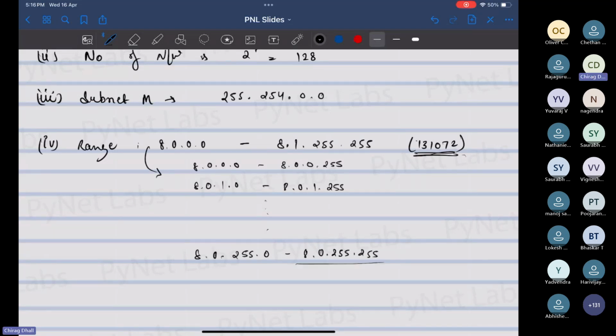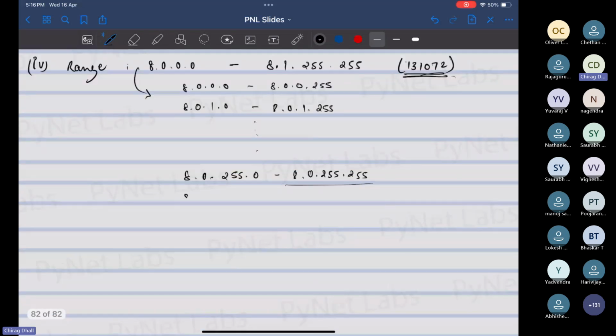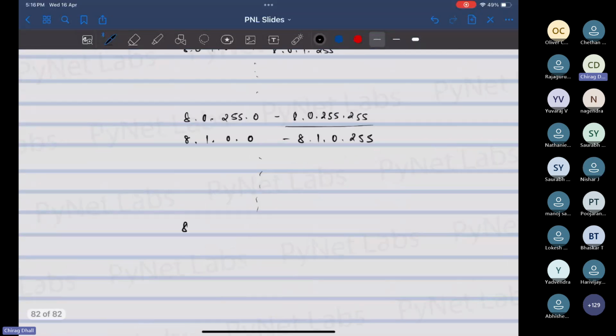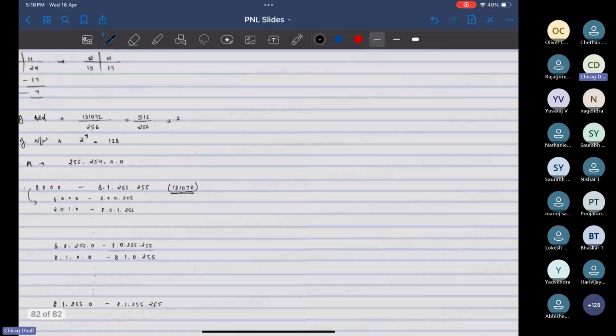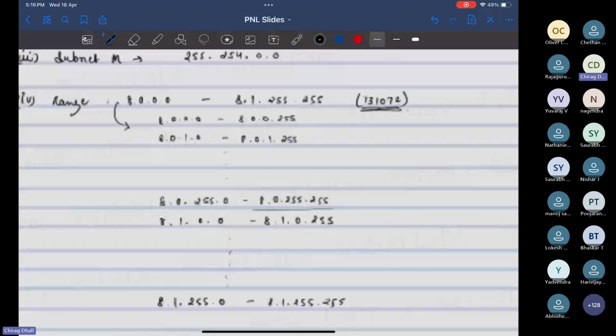After this, what will be the next IP? The next IP will be 8 dot. Now the change will happen in this bit. So we'll begin from 8.1.0.0 to 8.1.0.255, going on till we reach the last, which is 8.1.255.0 to 8.1.255.255.